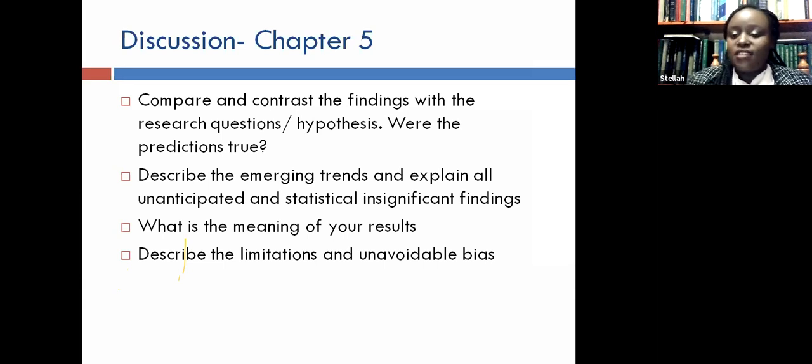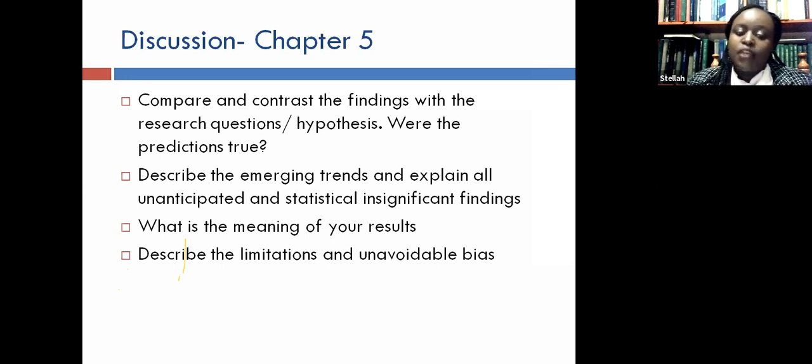When you were stating the hypothesis, you said there is a significant relationship between social media and depression, but after analysis you realize it's not significant at all. So in the discussion, you need to explain how you found that it is statistically insignificant. What does that mean for your result? Does it mean that social media does not have an effect on depression? Does it mean that yes, it has an effect, but it is not significant? You need to explain that in the discussion.